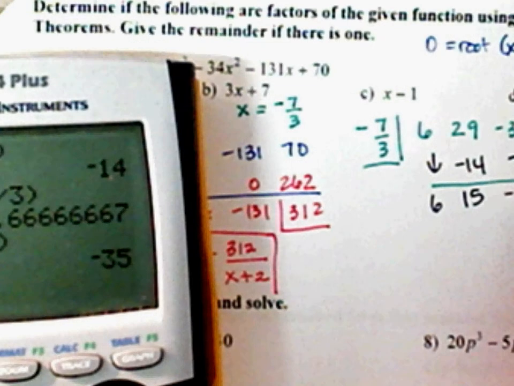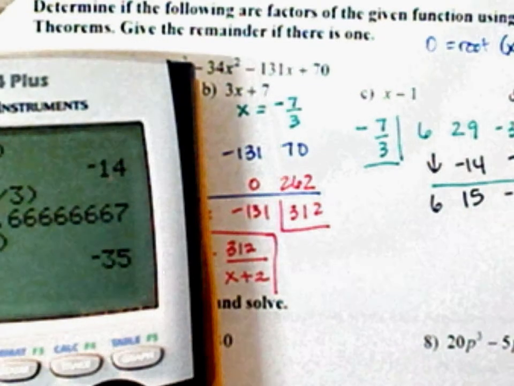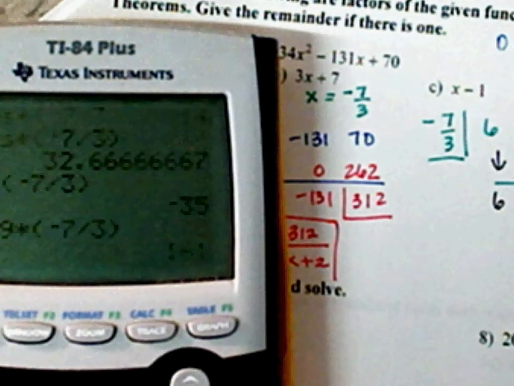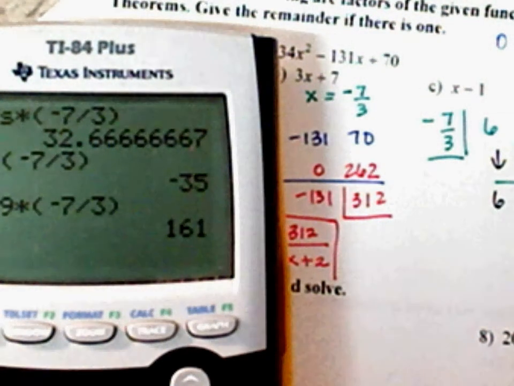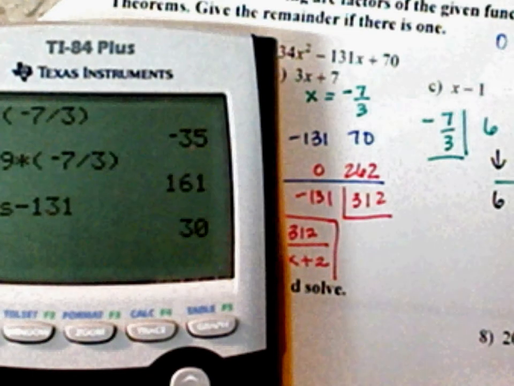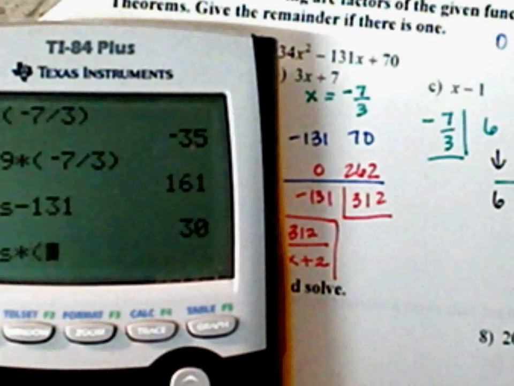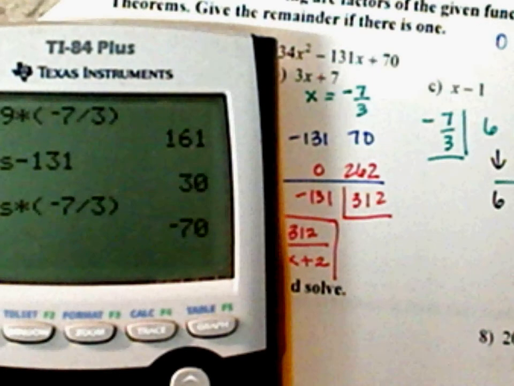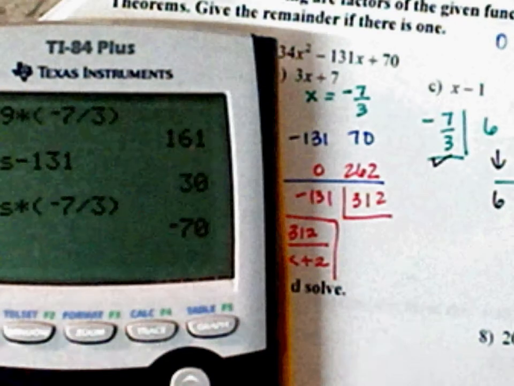Add, so you got -69. So -69 times -7 divided by 3. That gives you 161. Minus 131, that gives you 30. 30 times -7 divided by 3, that gives you -70, and this one works.